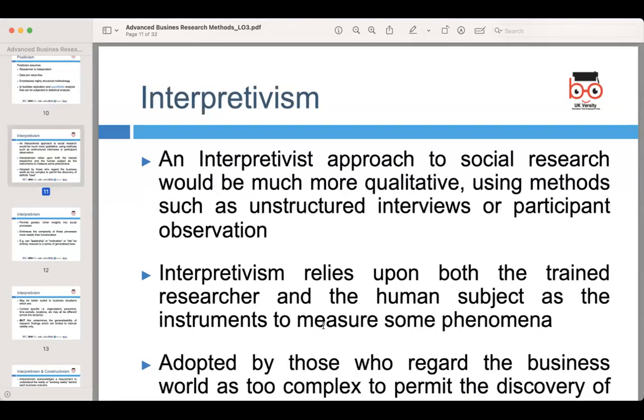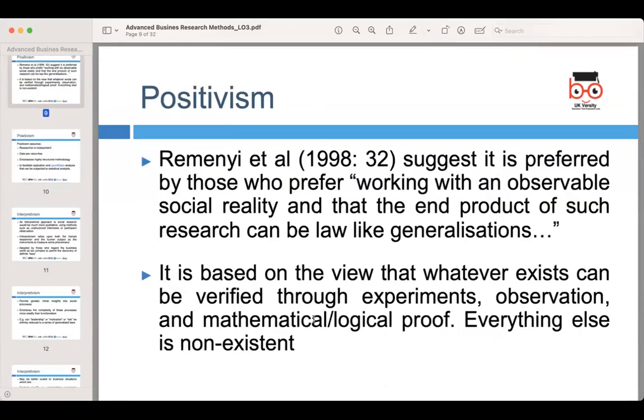According to Remenyi et al., 1998, it is preferred by those who prefer working with an observable social reality, and the end product of such research can be law-like generalizations.